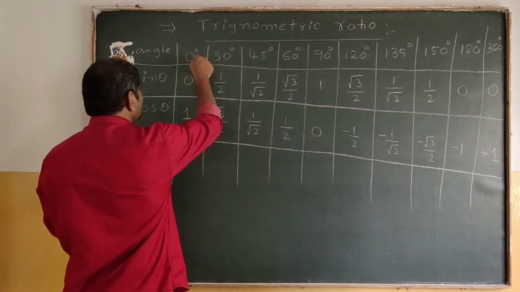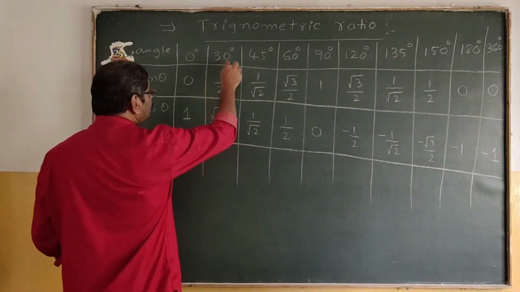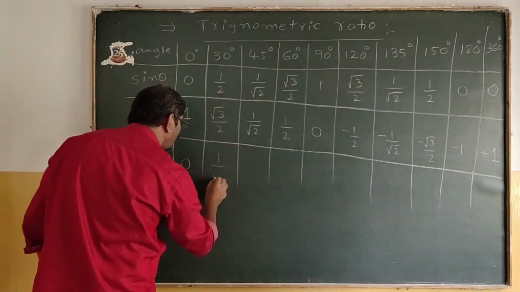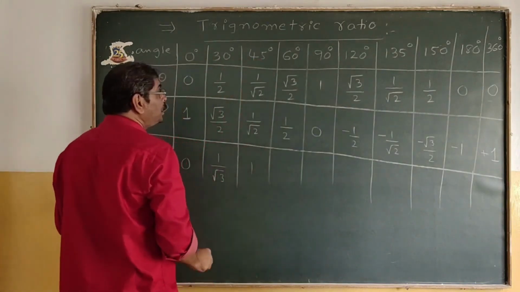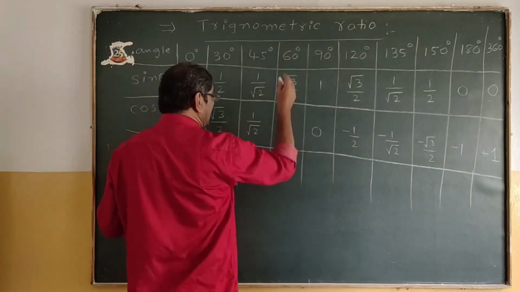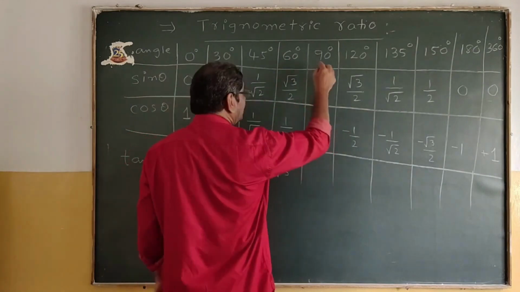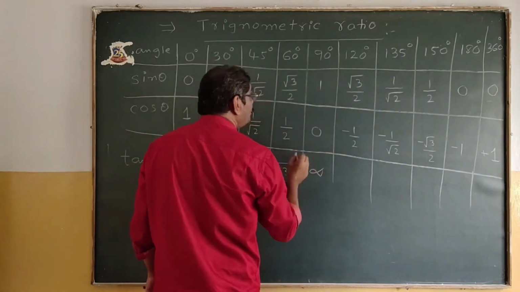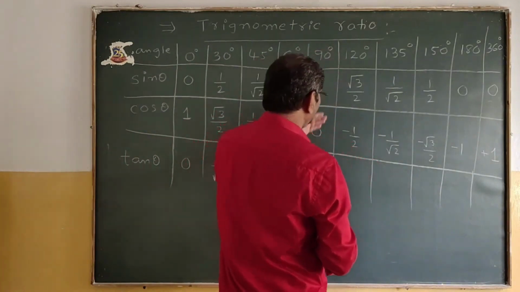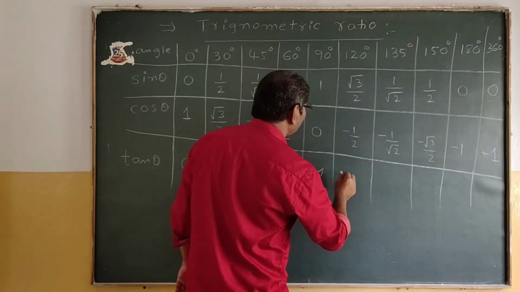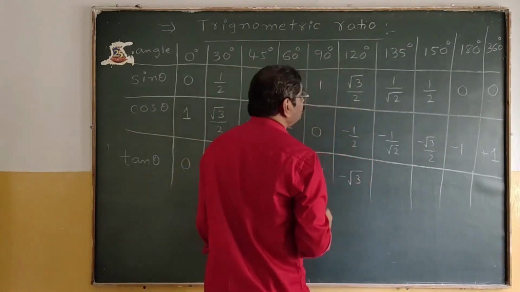So tan 0 degree will be 0, tan 30 degree will be 1 by root 3, tan 45 degree will be 1, tan 60 degree will be root 3, tan 90 degree will be infinity. Now tan 120 degree, if you divide both of them, we are going to get minus root 3.